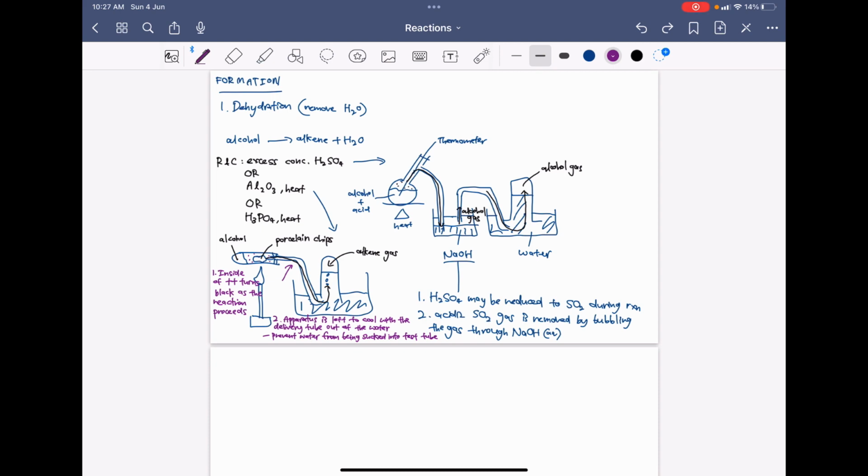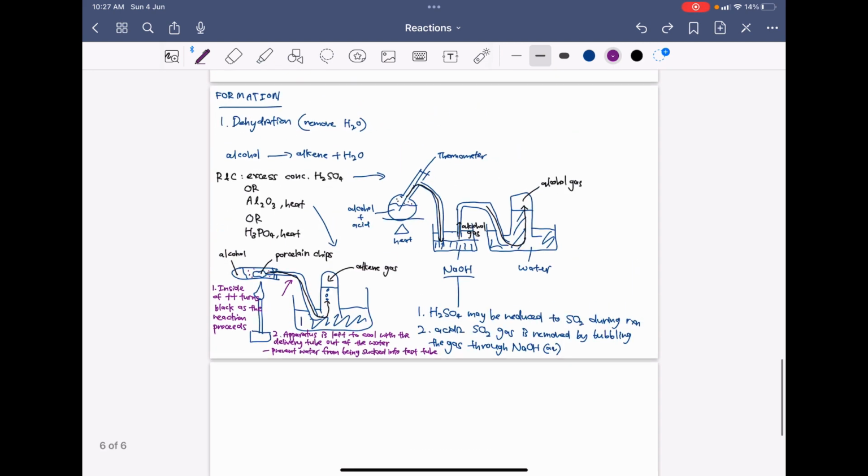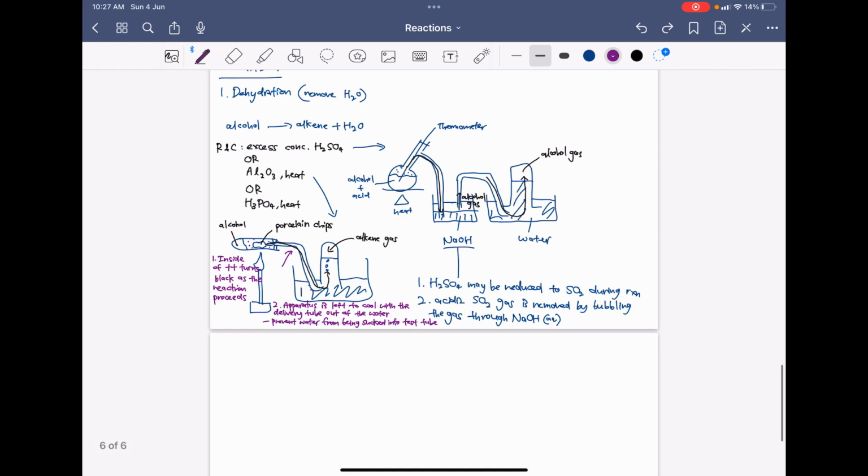But first, let's move on to another way you form alkenes.